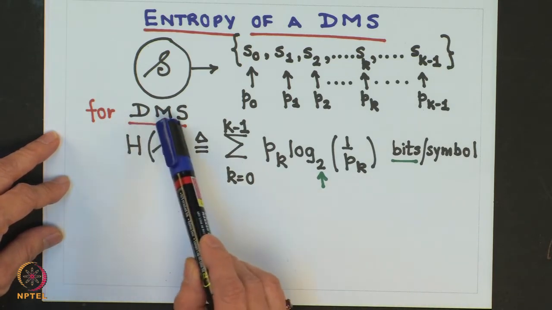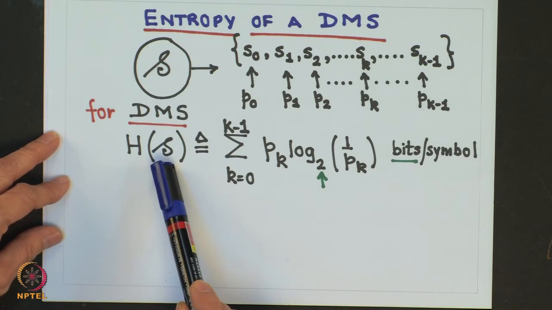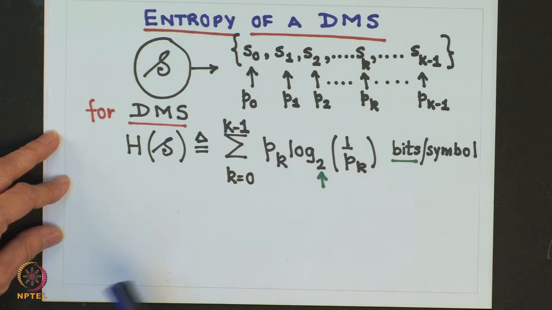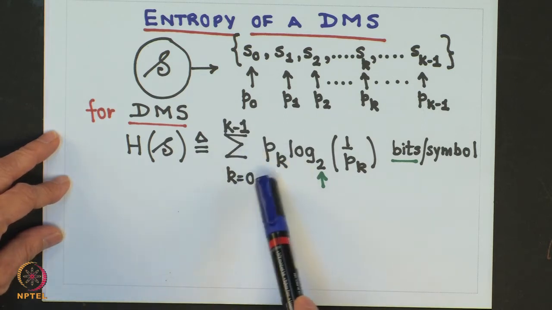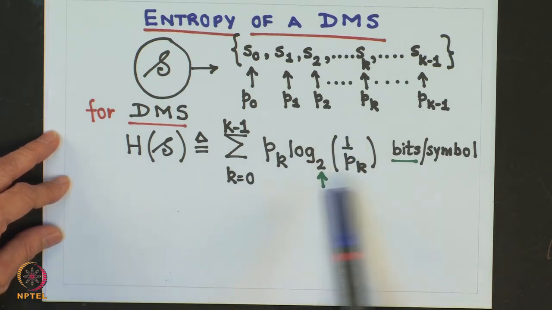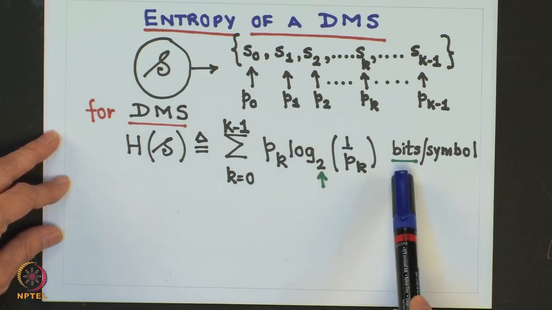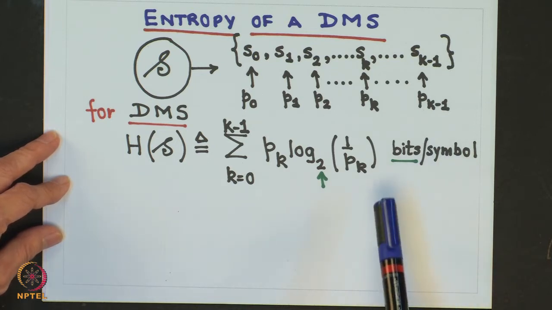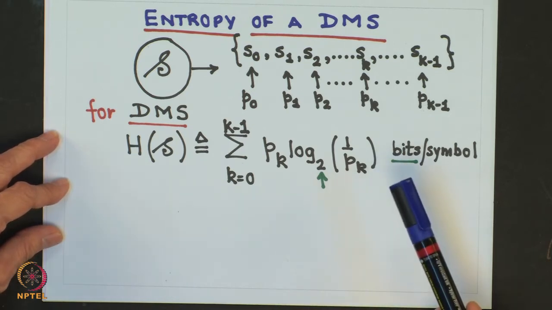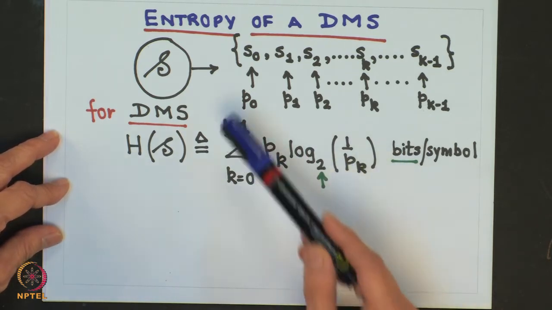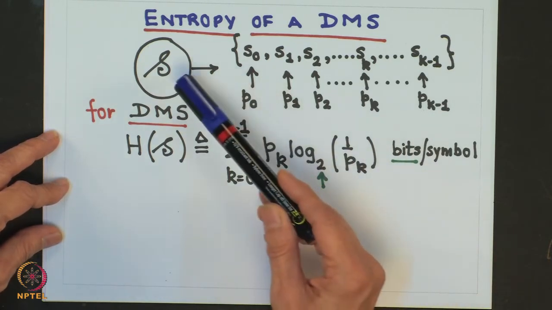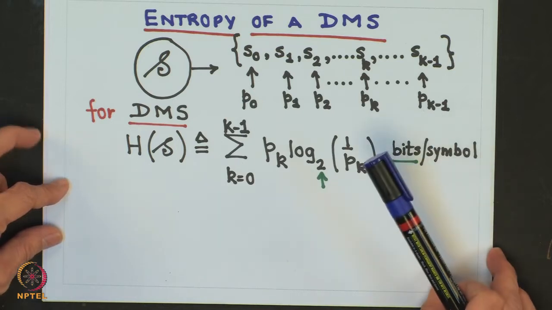For a discrete memoryless source, the entropy turns out to be this expression, which is summation of pk log to the base 2 of 1 by pk, and the units for this are bits per symbol. So, this is the average information which I get when I observe the output symbol from the source S.